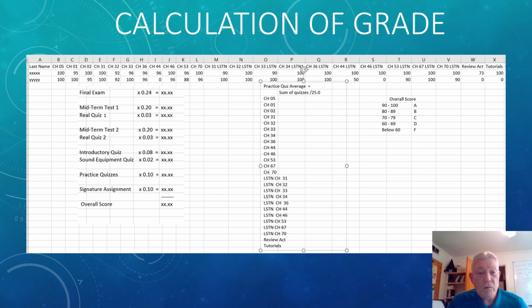The midterm is 20% of the grade, so we multiply that score by 0.20 or 0.2, and then you add up all those numbers, you get the overall score, and then on the right-hand side of the page, I show how the overall score is translated into letters.